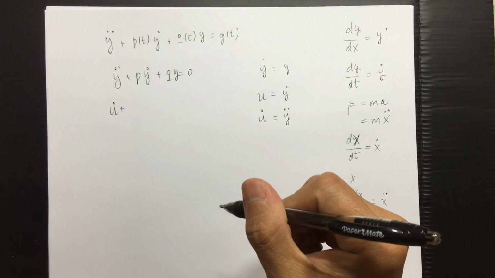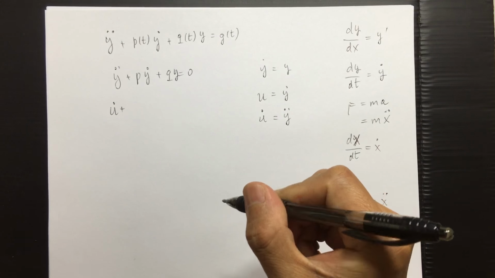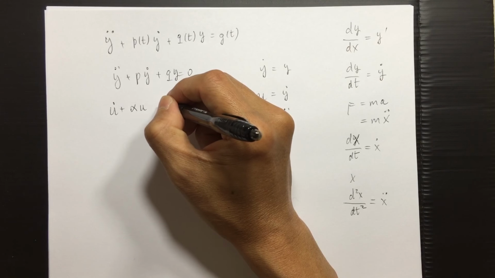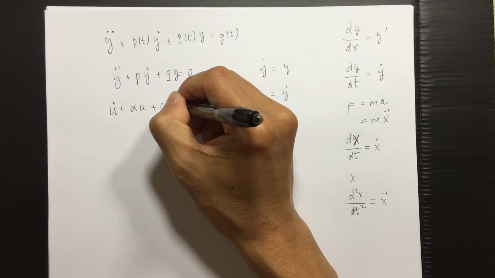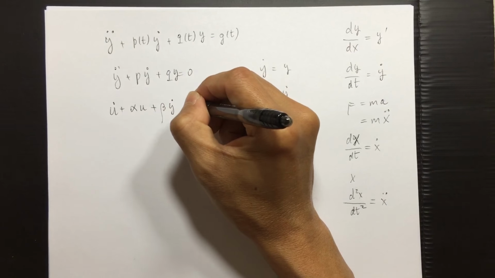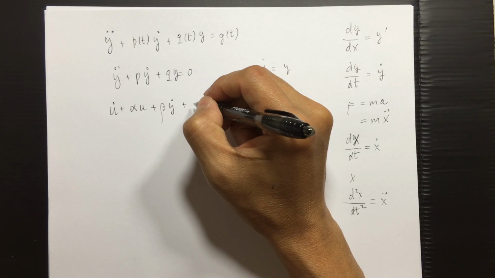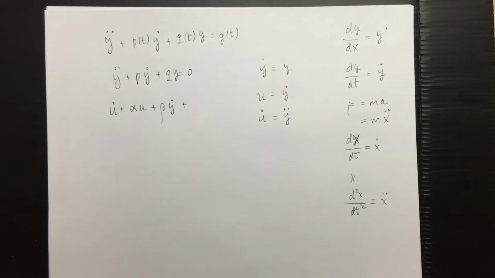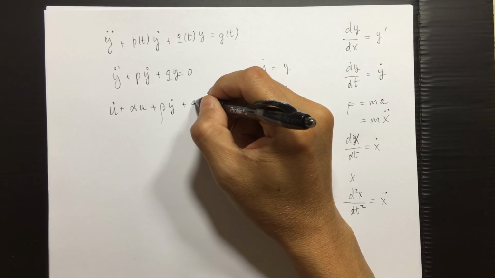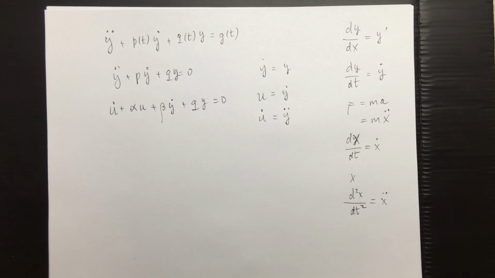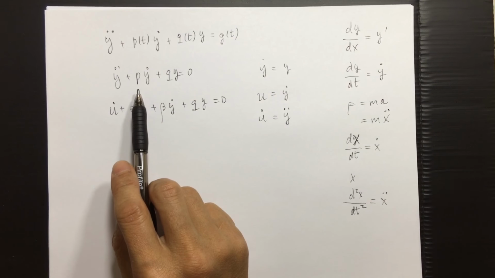Plus, let's say, alpha u, right? Plus beta y dot plus q y, right? Yeah. Alpha plus beta obviously equals p.